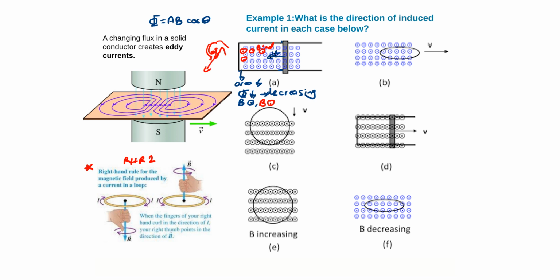This is my B. Imagine this is out of the board. And this is the induced current. So the induced current should be in this direction. Please practice yourself with me here. It's very hard to draw, but that's the induced current.